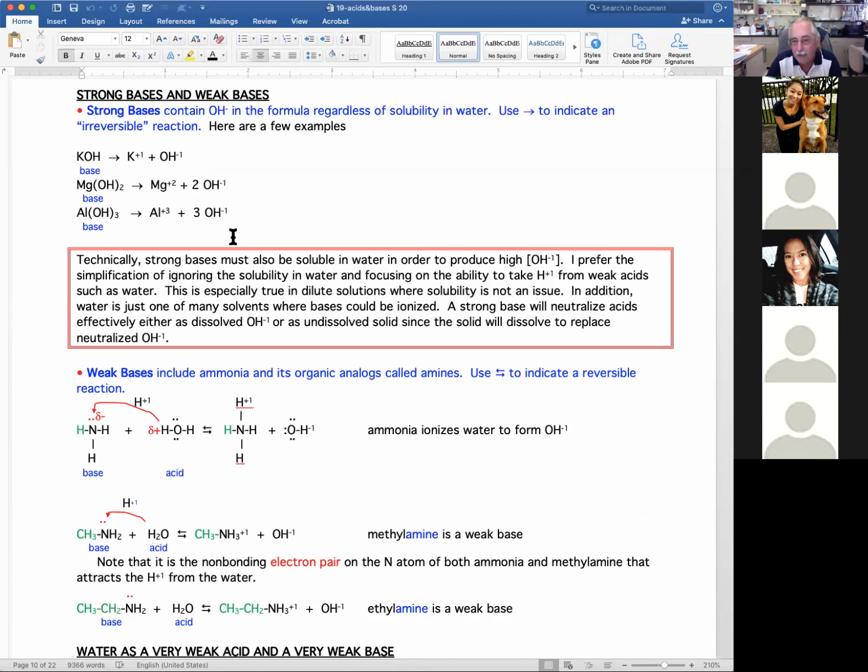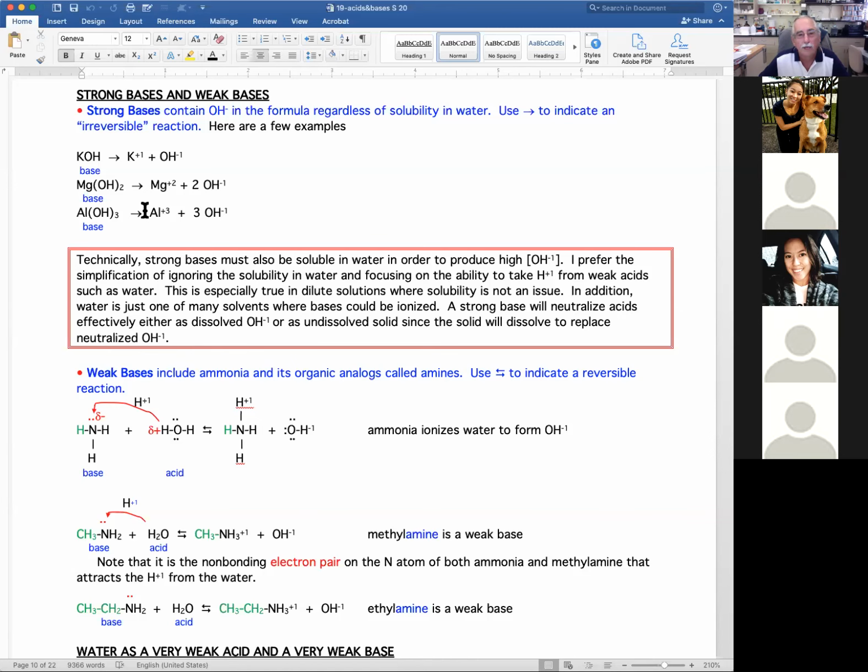It will do that acting like a strong base. So I don't want to mix up solubility rules with the definition of a strong base, that's all. For you, a simplification is: you see hydroxide in the formula, hey, strong base.